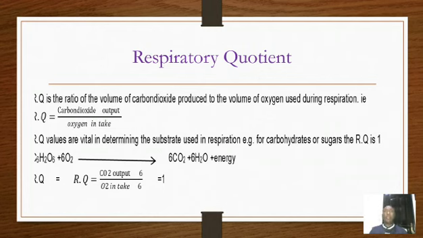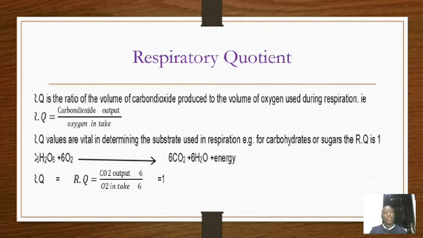Take an example of that equation. For a glucose molecule, we have 6 moles of oxygen. We also liberate 6 moles of carbon dioxide from that balanced equation. Therefore, carbon dioxide released are 6 moles. Oxygen used, there are also 6 moles.